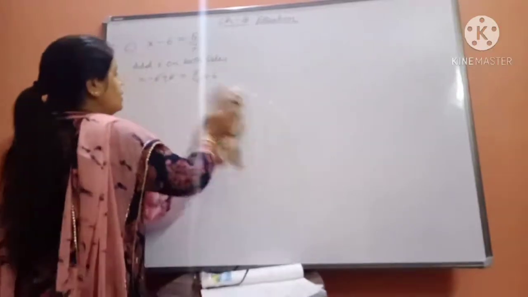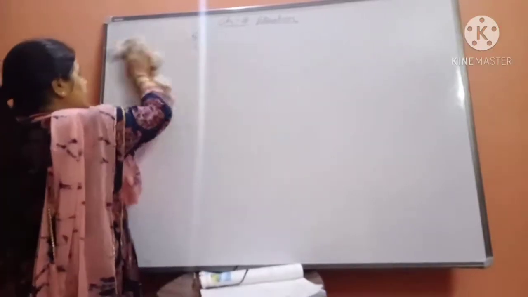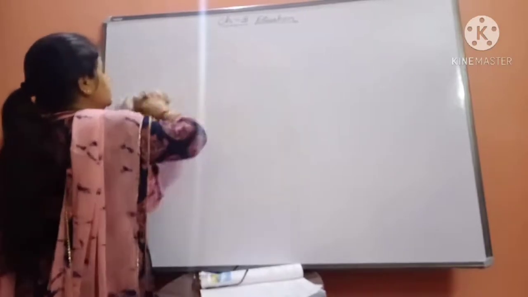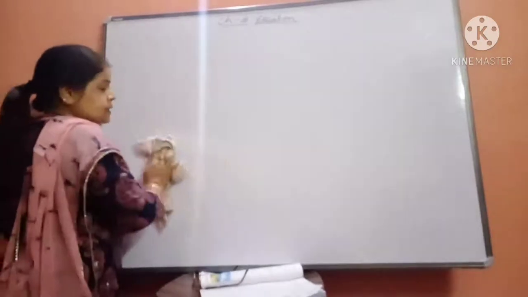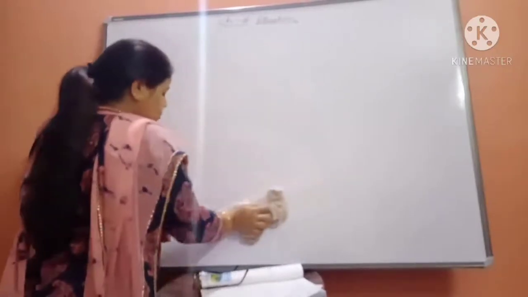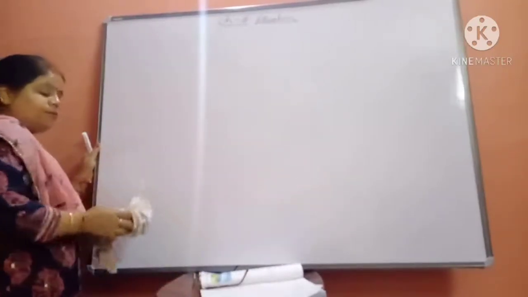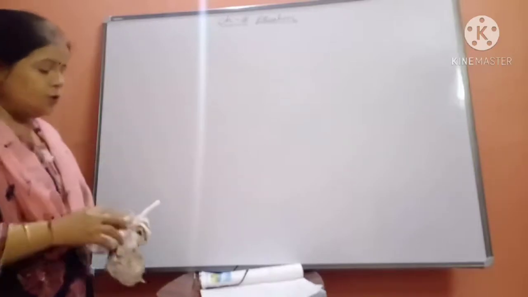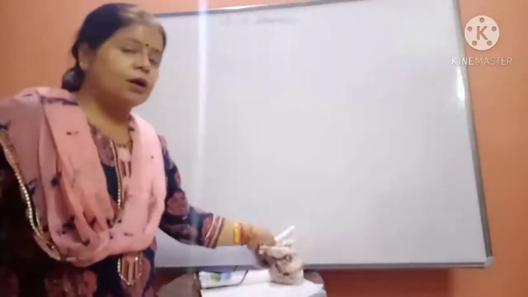Okay. And be very clear in your LCM and whatever operations on integers you have learned in your earlier classes, so that you will not have any problem. If you are not clear in your previous chapter, then it will be a little bit difficult for you, but it doesn't mean that you are not able to understand.